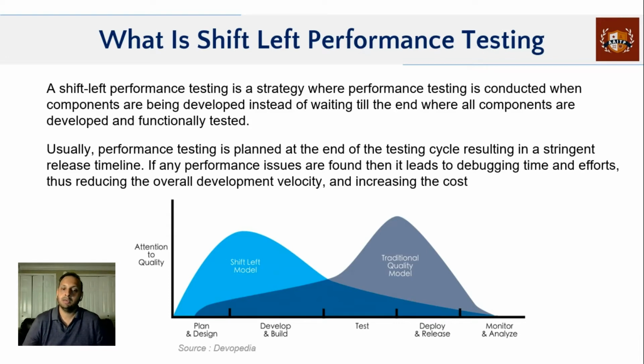But the shift left model tries to flip it and starts in parallel with planning, design, and development, so that most of the stability of the application is evaluated in the beginning itself. That way, in the later part of the cycle, you know you have built a quality product. So it always makes sure the timeline and the release of the product is maintained.